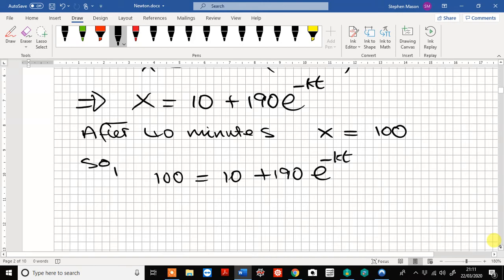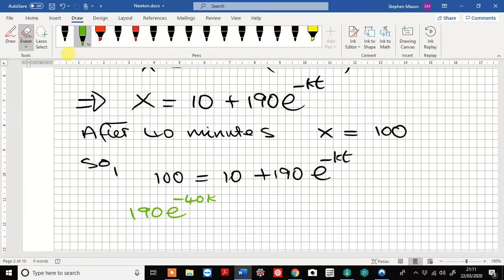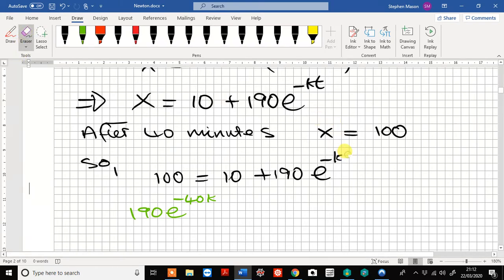So if we rearrange this equation, we've got, maybe I should change to green, we've got 190 e to the minus kt. In fact, that should be 40k, because t is 40, we put the 40 in here as well.